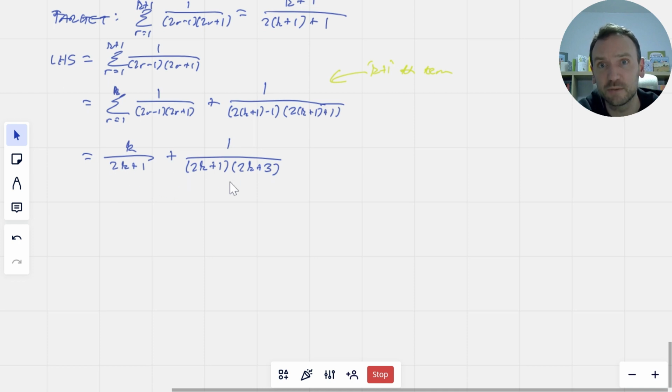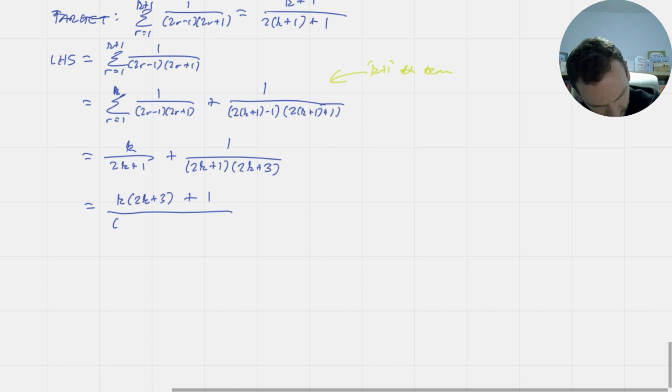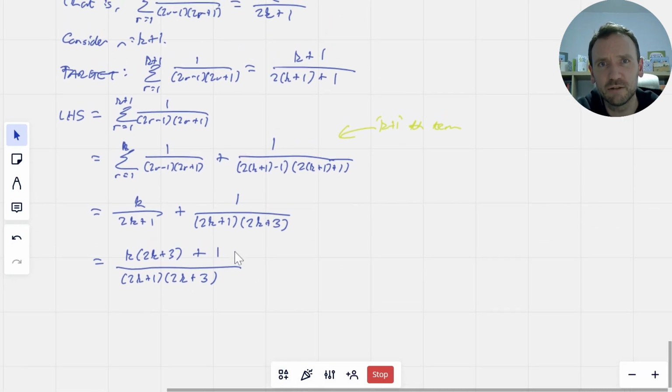The lowest common denominator we can make is going to be 2k plus 1 times 2k plus 3. So we can leave that second fraction as it is, but the first, we're going to have to multiply top and bottom by 2k plus 3, and I'm going to combine these straight away over 2k plus 1, 2k plus 3. There's nothing natural to do straight away. Looking at our numerator, it's worth noting our denominator is two factors here.